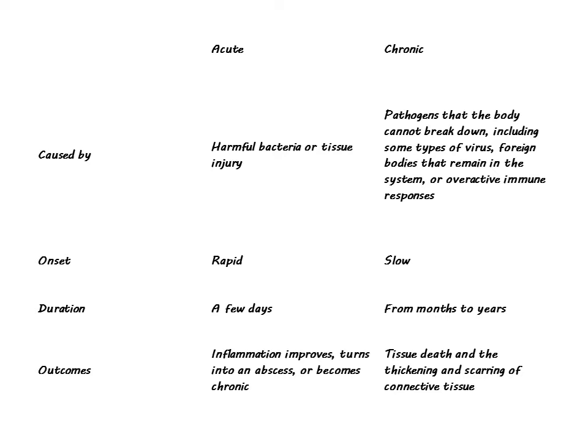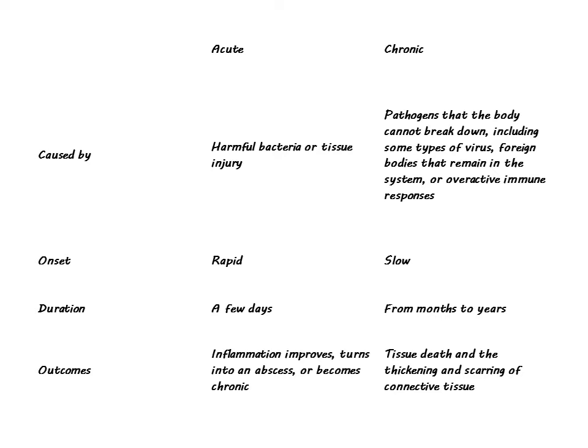If a person is suffering with any disease condition for more than 6 months to years, then we can say it is a chronic condition. In the same way, acute inflammation will be there in a person's body only for a few days. That is why we call it acute. If it crosses the days and weeks period, and the inflammation is still present in the body for more than 6 months or up to years, then we can call it chronic inflammation.